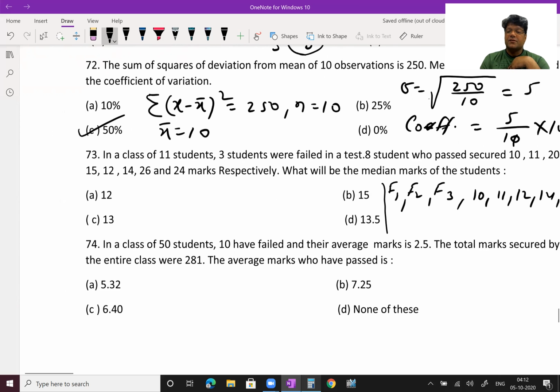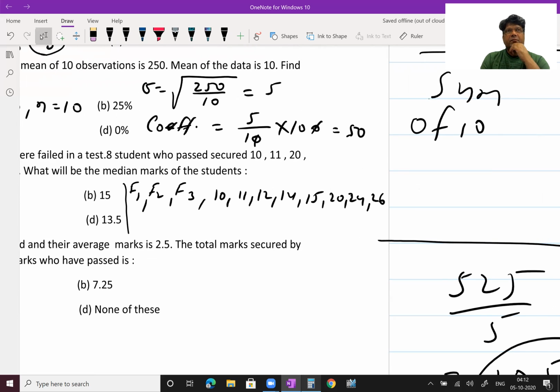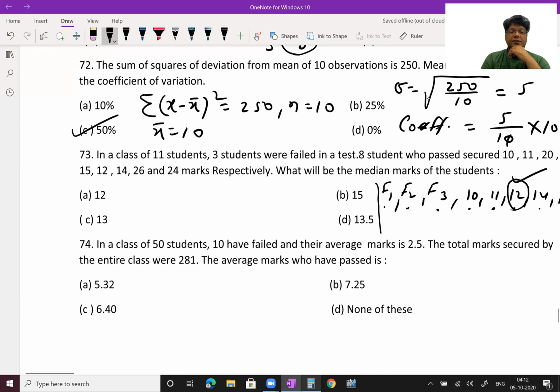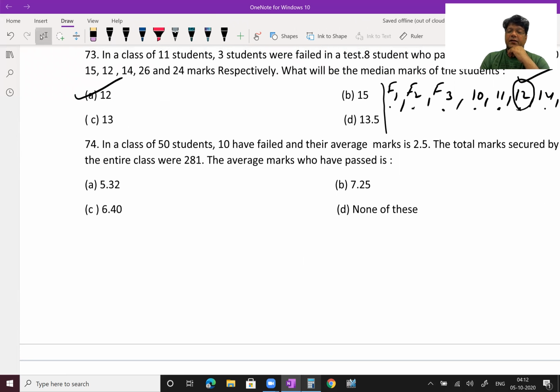Yes, 11 students, correct. So which will be the median? 11 plus 1 by 2, that is the sixth item. 1, 2, 3, 4, 5, 6. This is the median value. You can check how many are after 12? 1, 2, 3, 4, 5. How many are before 12? 1, 2, 3, 4, 5. So obviously this is in the middle. Your answer is 12.